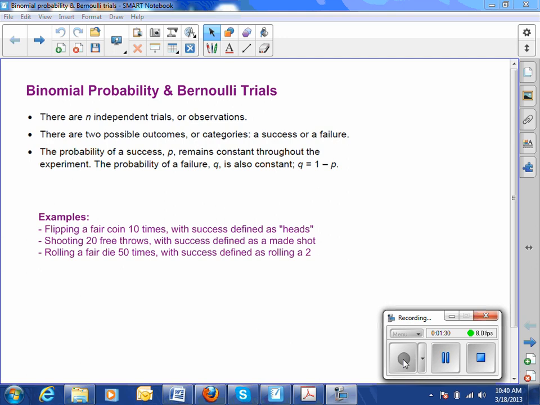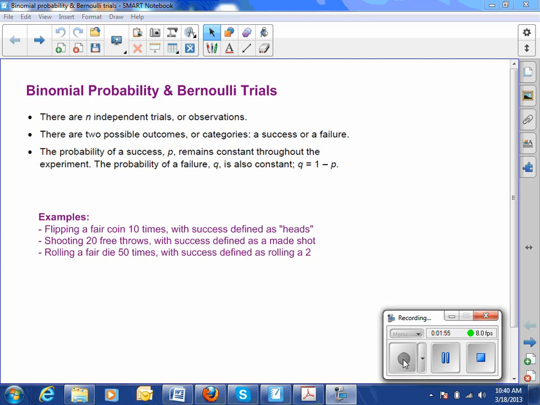So anyway, back to Bernoulli trials. We have a series of independent trials or observations. Only two possible outcomes, either success or failure. So for rolling a die, success might be that we get a 3, and failure is we get anything other than 3. Or for flipping a coin, success might be that it comes up tails, and failure that it comes up heads. Those are simple examples.